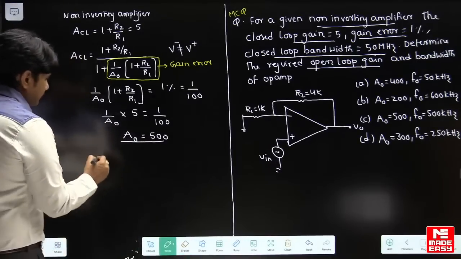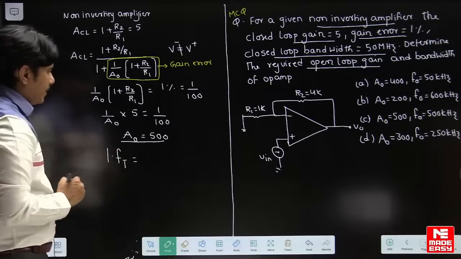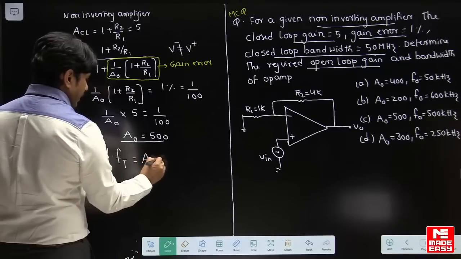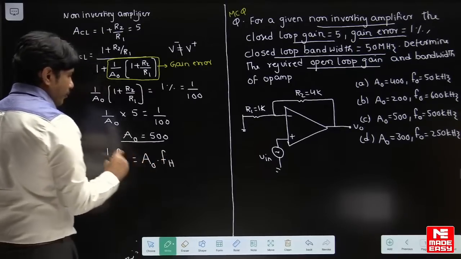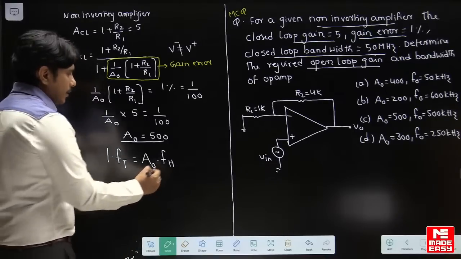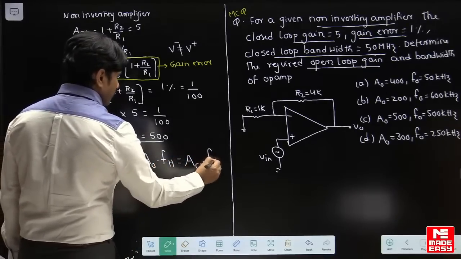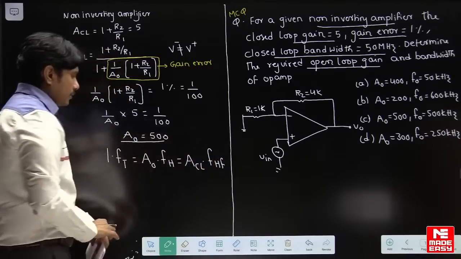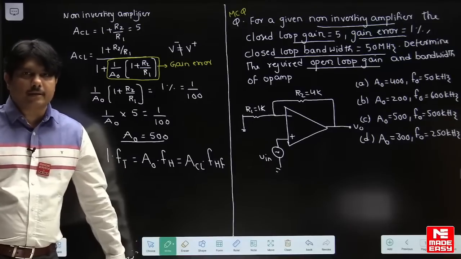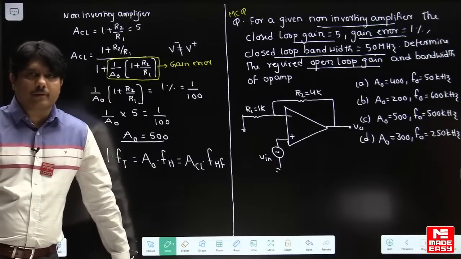So 1 into Ft, that is the gain bandwidth product, will be equal to A naught into Fh, that is open loop gain into open loop bandwidth, which is equal to closed loop gain into closed loop bandwidth. This is one of the interesting phenomena you have to keep in mind, such that if any one parameter, gain or bandwidth, is missing, we can solve it very easily.